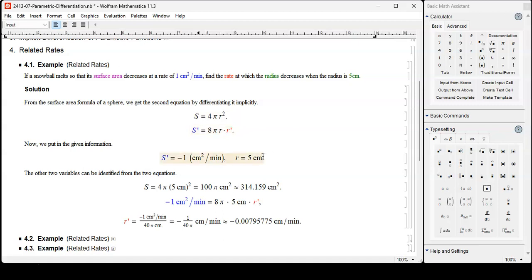Plug in the numbers, S prime and then R. And then plug in, you can find out S, even though that's not the core part of the problem. The core part is this. So this is 5 centimeters here. And 5 times 8 is 40, so divide away. So we have -1/40 pi centimeters per minute.